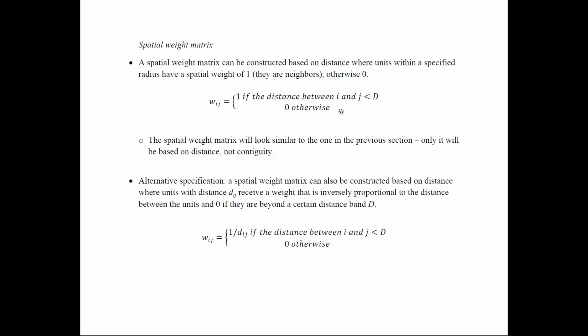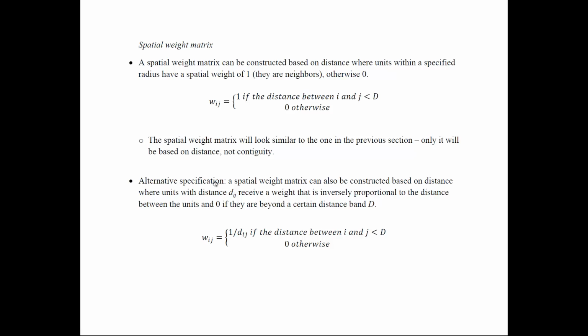So say in my example, anything below 200 miles would have a value of 1 if these counties are closer than 200 miles from each other, and otherwise would be 0. And the spatial weight matrix would look similar to the one in the previous section, but it will be based on distance and not contiguity.